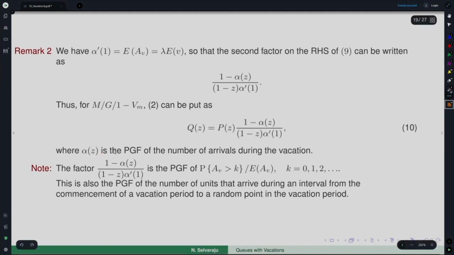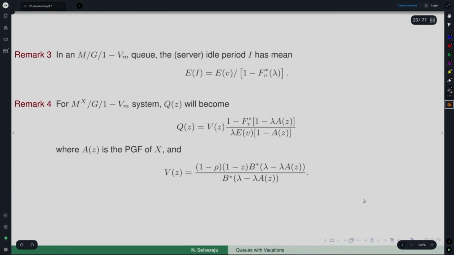So, you can also write it in this form in terms of that, where this is the PGF of the number of arrivals during the vacation. Now, this factor can again be thought of as a PGF of a particular probability. This is another interpretation you can give, but we are interested only in this, the additional thing that you have here.